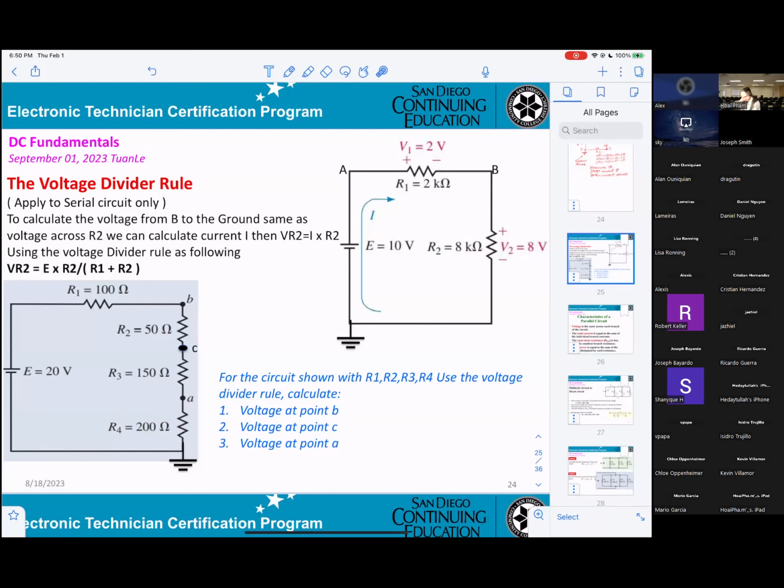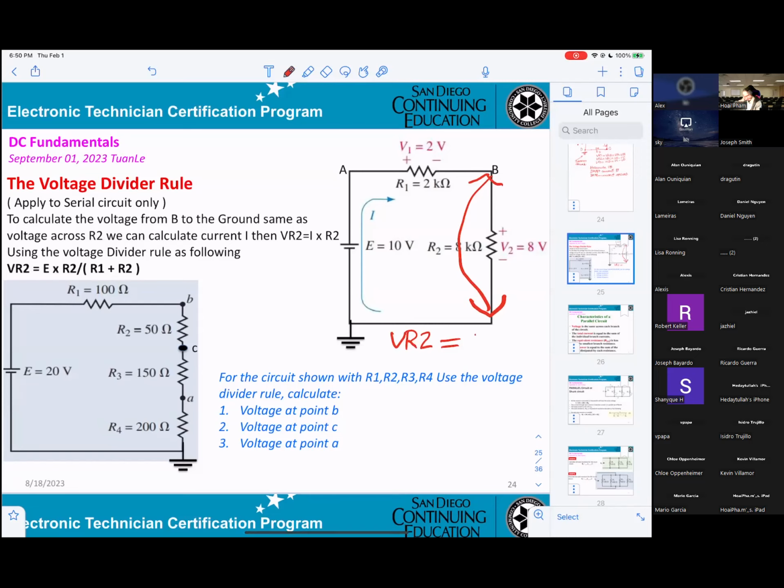And if you want the voltage across R2 here, we call it VR2. How can we get the VR2?